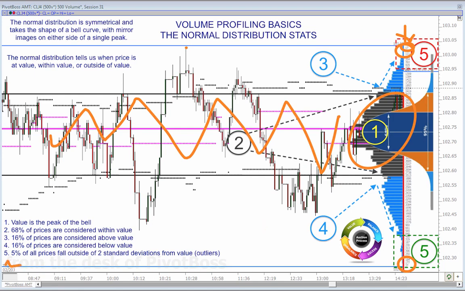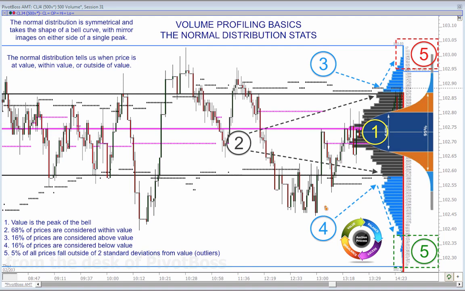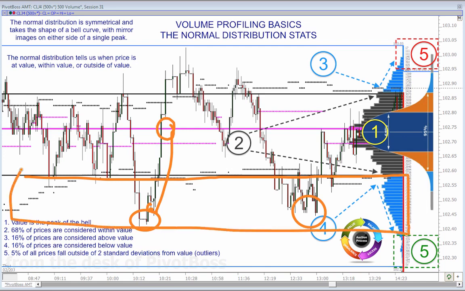But it's all based on the normal distribution, and that's how we're able to statistically trade with the best edge. If we know that 16% of prices below value are typically anomalies that lead price back to value, well then when you're looking to buy, you should only be looking to buy if it's below value, because that's the best edge to return price to value.